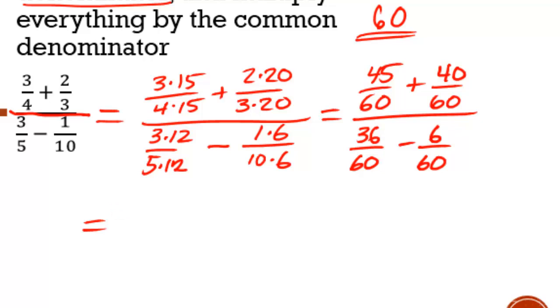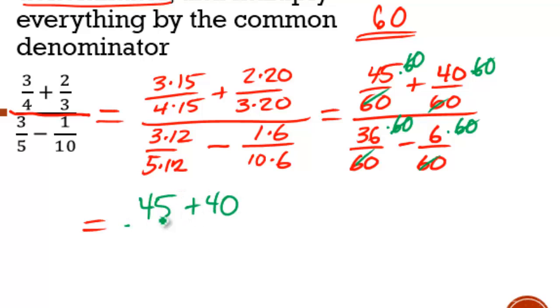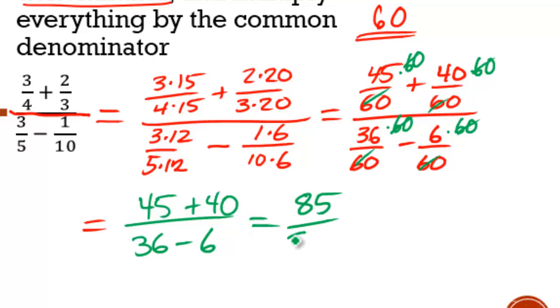So now we can actually multiply the numerator and the denominator by 60. But in doing so, we're actually multiplying each bit by 60. So then we actually, in dividing, are left with 45 plus 40 over 36 minus 6, which is 85 over 30.